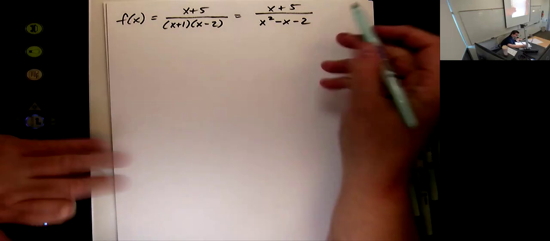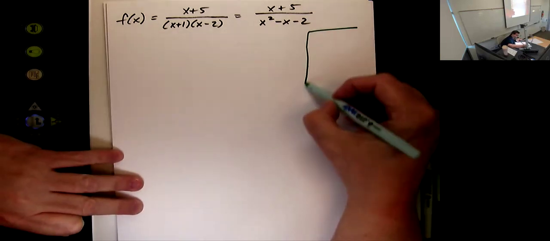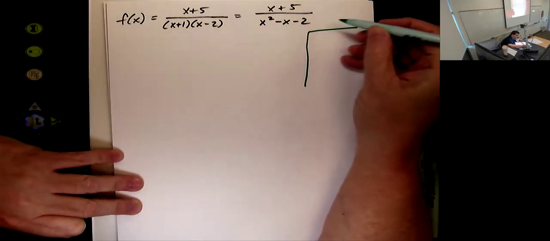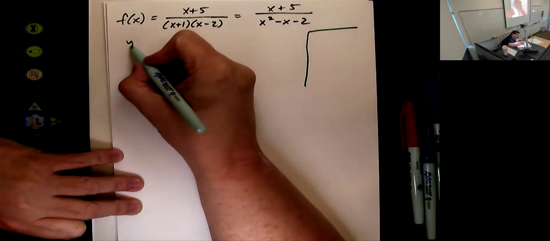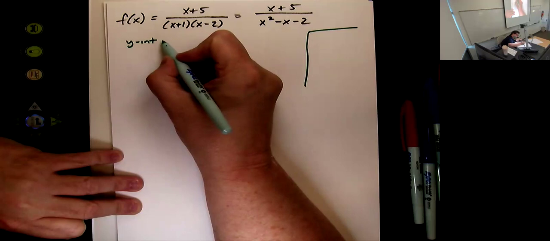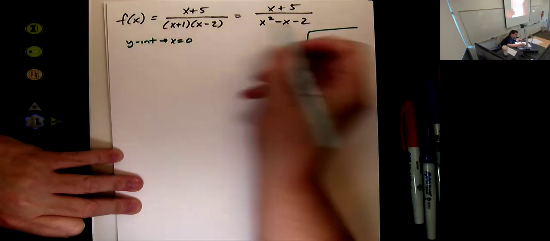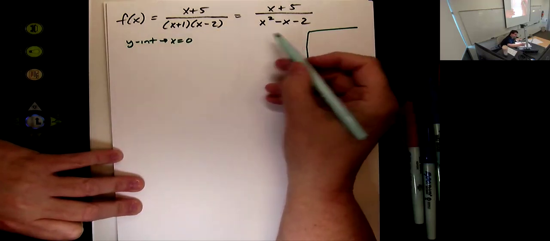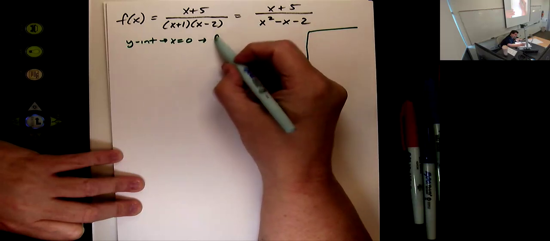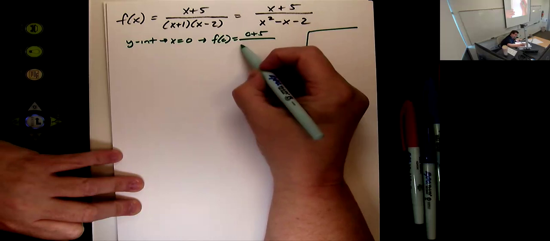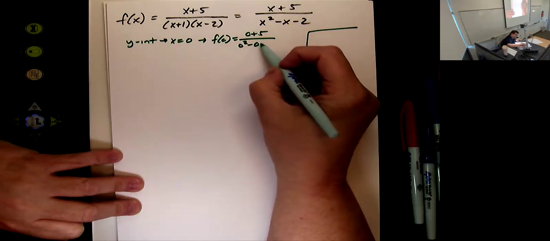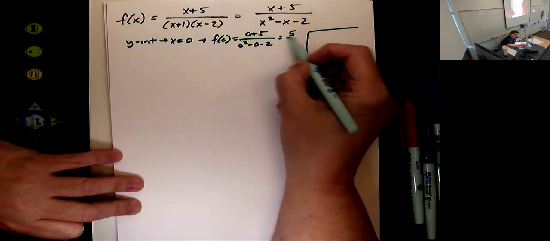So over here, I'm going to collect a little box of information. My y-intercept is when x equals 0. F of 0 is 0 plus 5 over 0 squared minus 0 minus 2, which is 5 over negative 2.